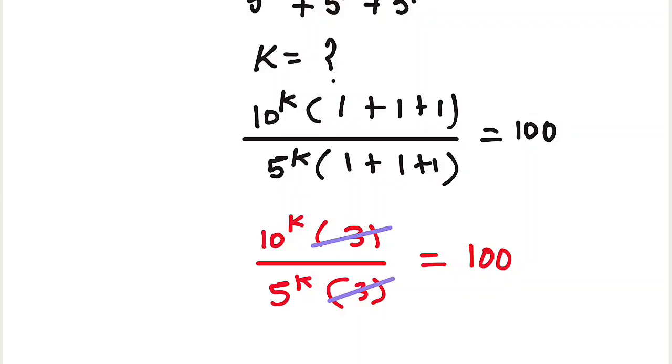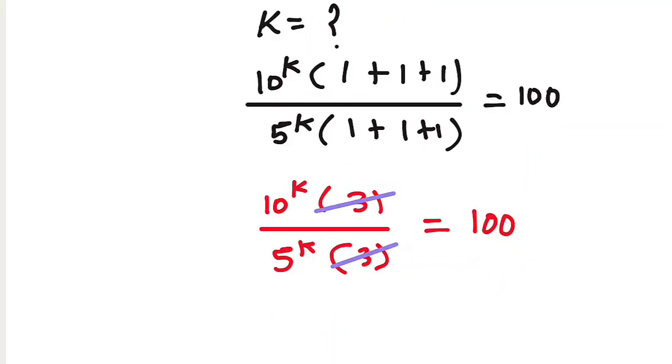Therefore we have 10 to the power of k divided by 5 to the power of k, and everything equals 100.